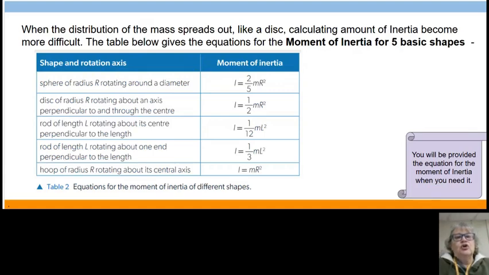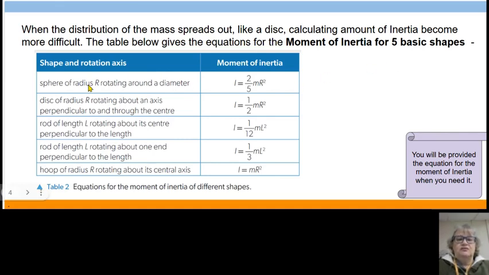So when the mass is distributed spread out like a disk, calculating the moment of inertia becomes a little bit more difficult. So instead of individual particles, now we have a whole particle that's flat. There are basically 5 shapes that we work with.